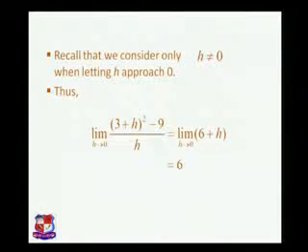So then if we put the limit h tends to 0, the answer will be 6. So we can say that the limit h tends to 0 of (3 plus h) whole square minus 9 upon h will be equal to 6. The limit of this function is equal to 6. Okay, so this one is one more example for the limit.